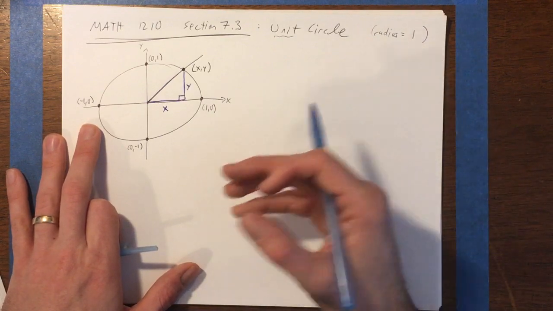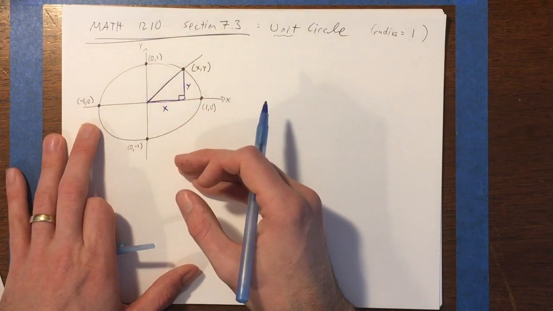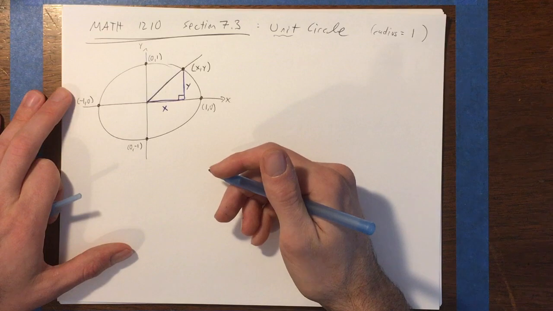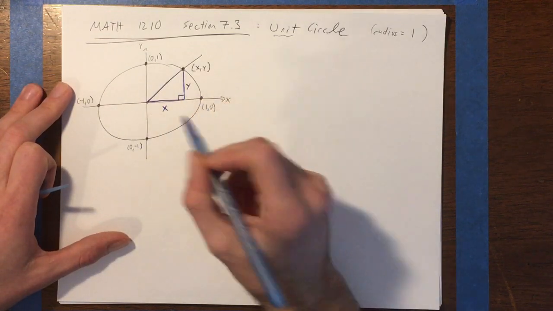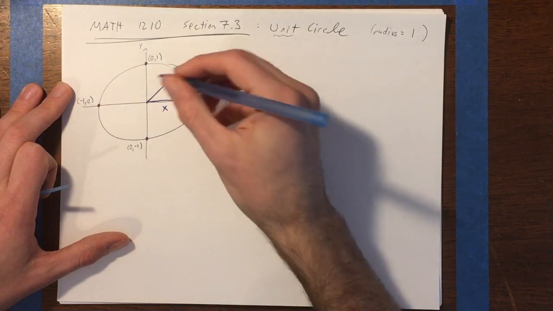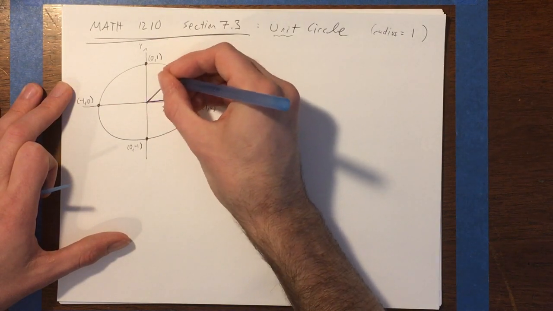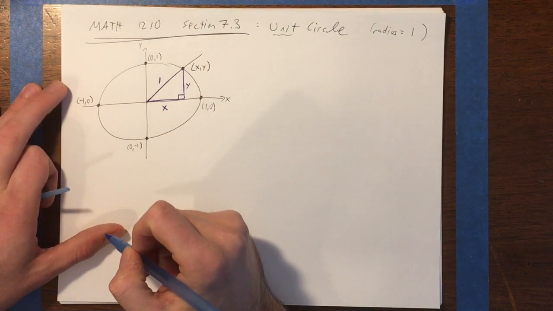This is going to allow us to define trig function outputs for obtuse angles or negative angles or whatever, any angle, large angles over 180 degrees. So we're going to allow those values to be negative potentially. Now the hypotenuse of this triangle is always going to be 1, positive 1, because that's the radius of the circle.